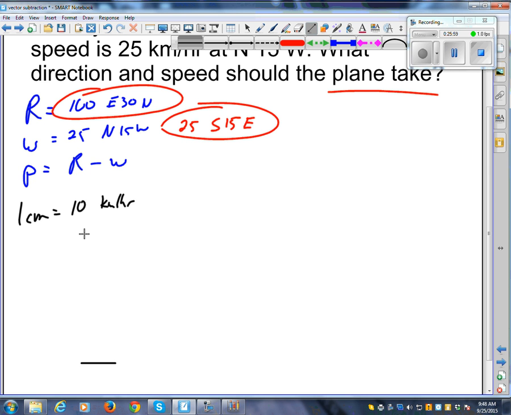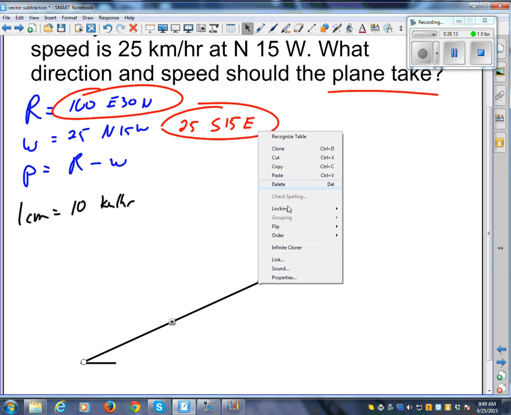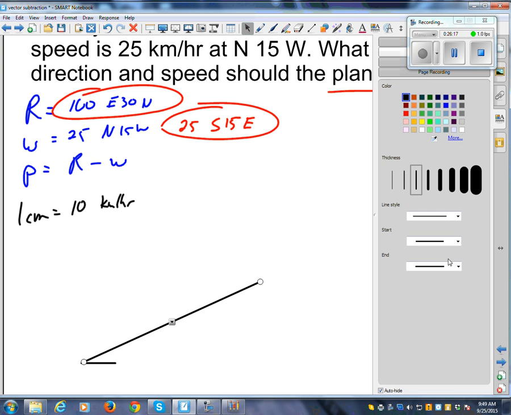1 centimeter equals 10, so I got to go 100, so I'm going to go 10 centimeters long, right, at east 30 north. Something like that, right? Where's my 30 degrees?